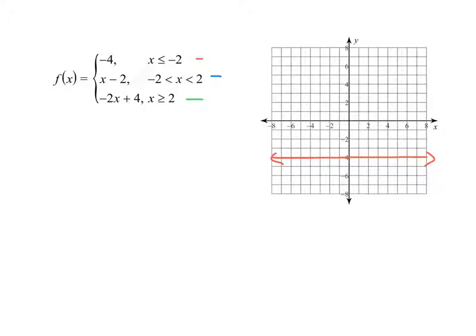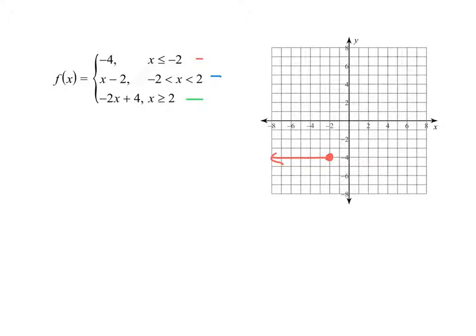I want that when x is less than or equal to -2, so I'm going to delete everything on the other side of -2. And because it's the less than or equal to, that's when I'm going to fill in a closed circle there, just like the inequalities we used to do on number lines.